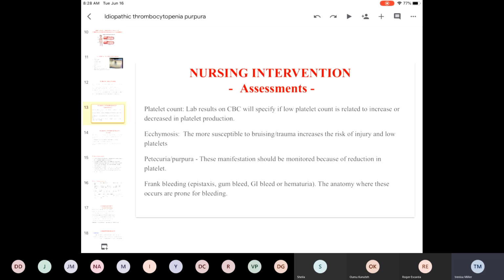Purpura, these manifestations should be monitored because of reduction in platelets. Frank bleeding, which is epistaxis, gum bleeding, GI bleeding, or hematuria. The anatomy where these occur are prone to bleeding.